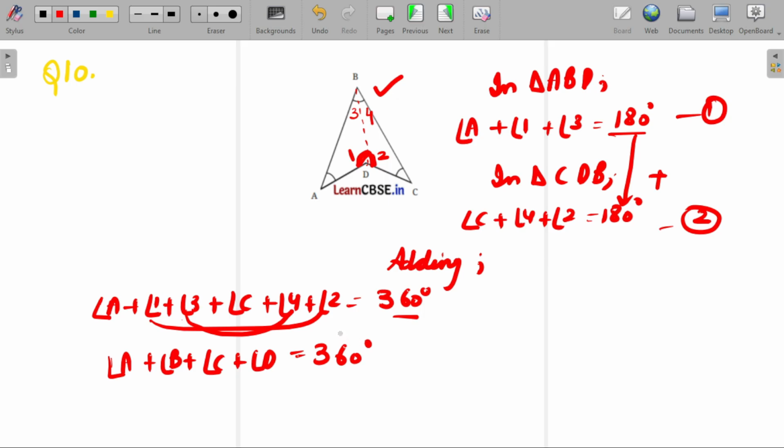Also, with the help of a protractor, we can find the sum is 360 degrees. This is the answer of question number 10.